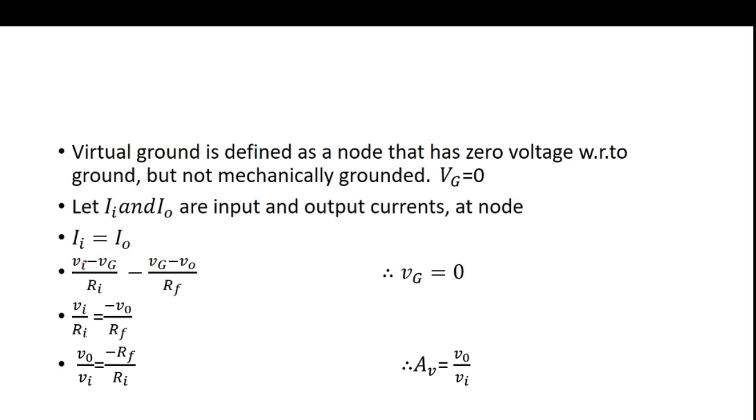The input current can be written as the voltage across the resistor, Vi minus Vg, where Vg is the voltage at the virtual ground, divided by Ri, equals Vg minus V0 divided by Rf. There is a negative sign here.